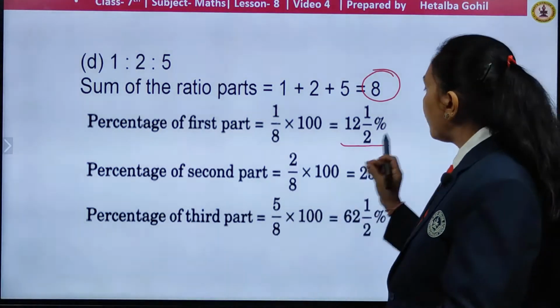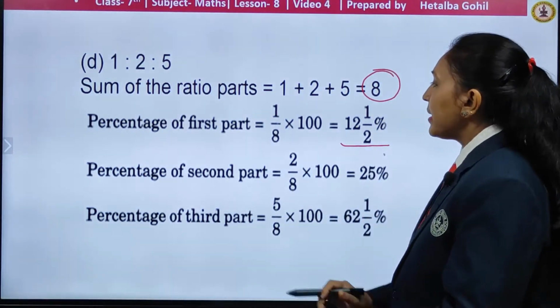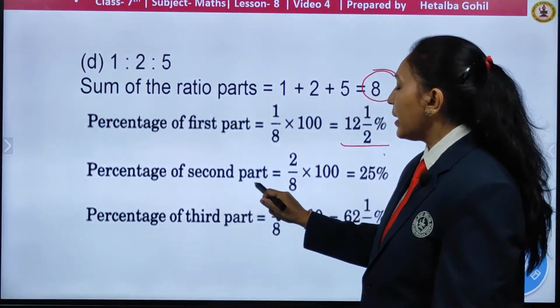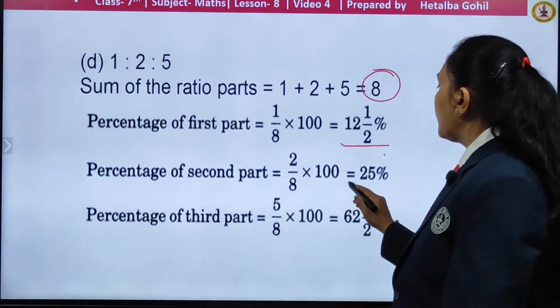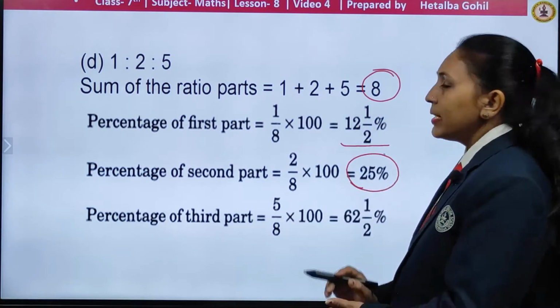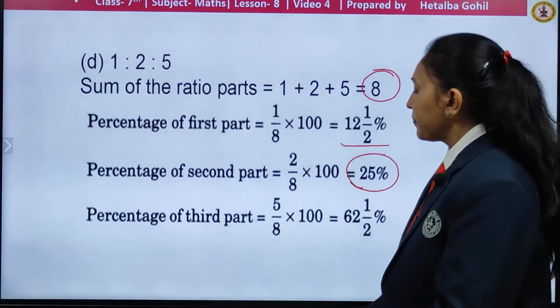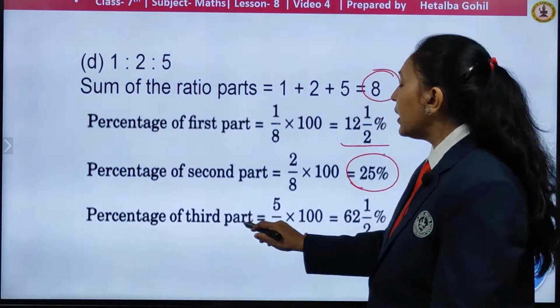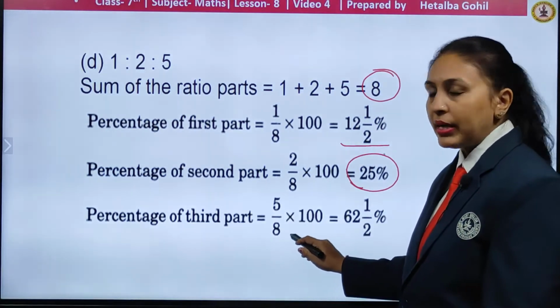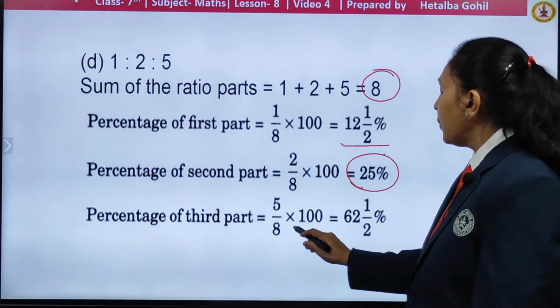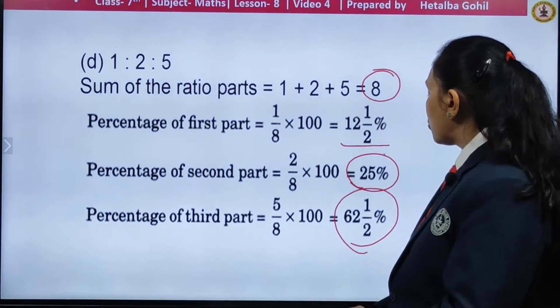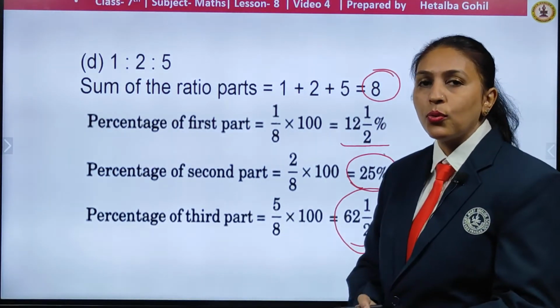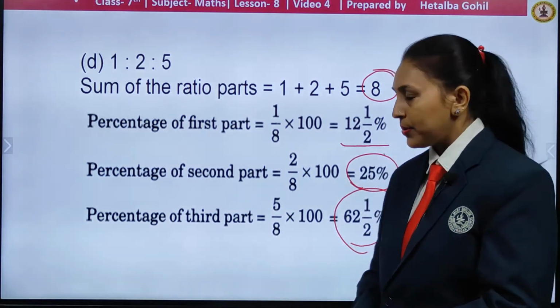Secondly, percentage for the second part, that is 2 by 8 multiplied by 100. When you simplify, you will get 25%. Then percentage for the third part, that is 5 upon 8 multiplied by 100. When you simplify it, children, you will get 62.5%.